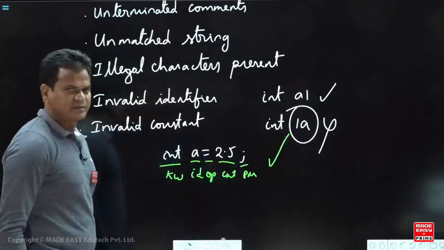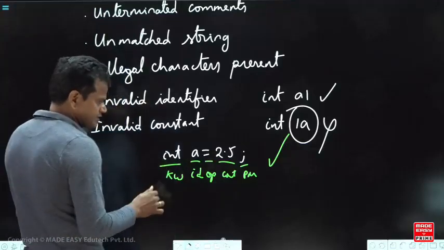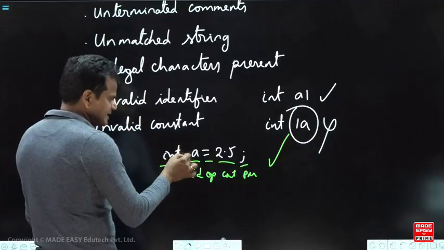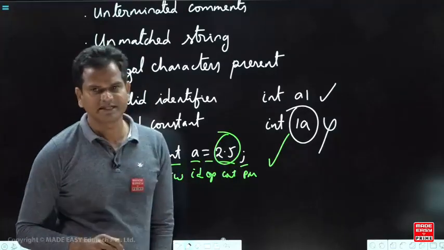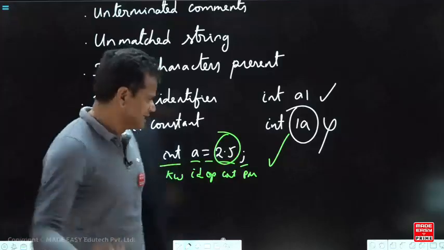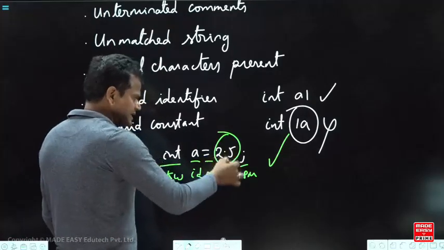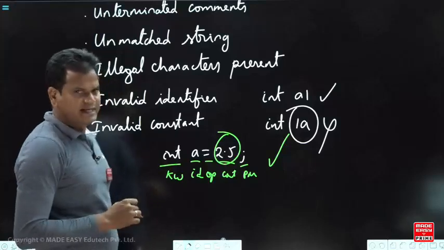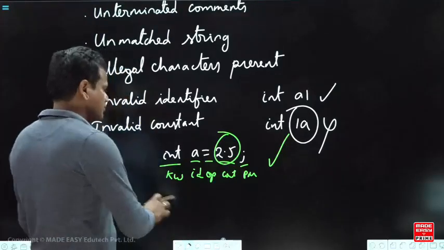There is no lexical error. The lexical analyzer cannot check that a is an integer data type and it is assigned a float number. This will be verified in the semantic analysis phase. Even though a is an integer and you are assigning a float number, it will not be thrown as an error by the lexical analyzer, so it is valid.